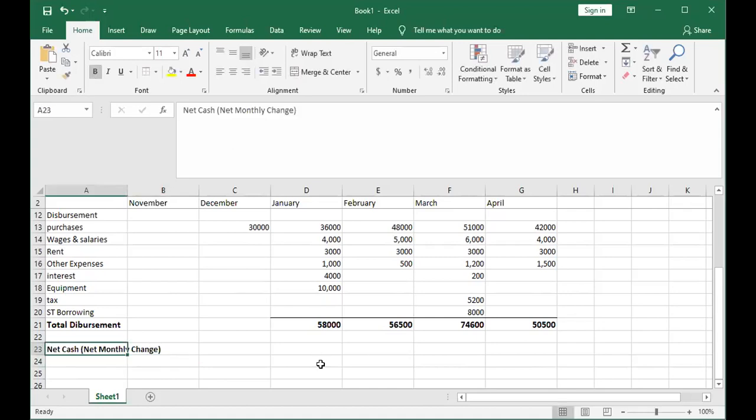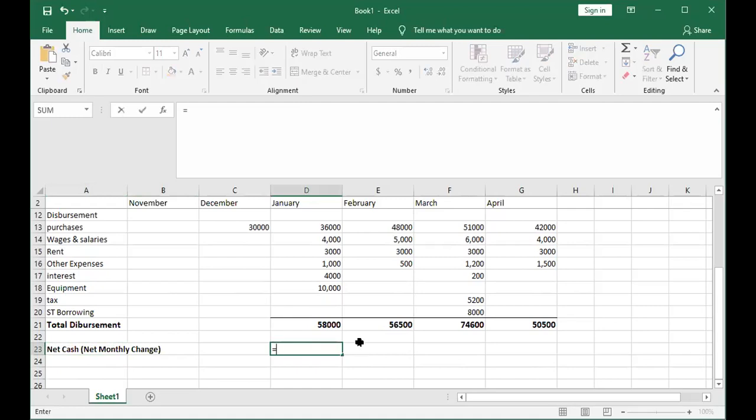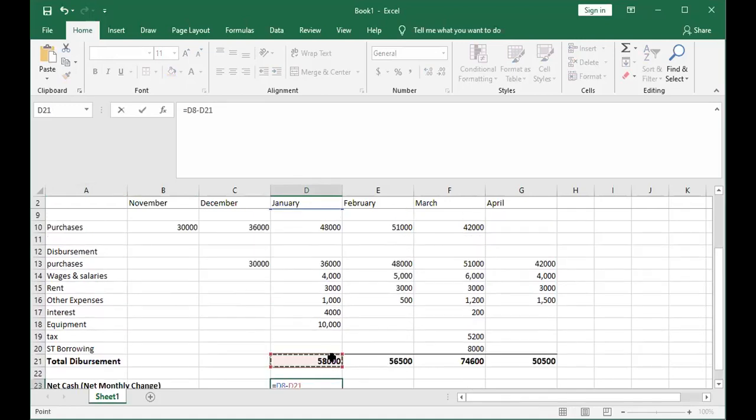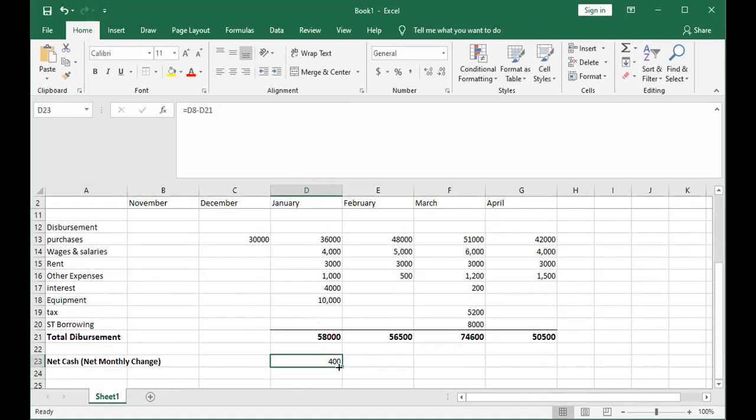So what is the net monthly change? It is cash receipt minus cash disbursement. So this minus this. There you will get the net cash.